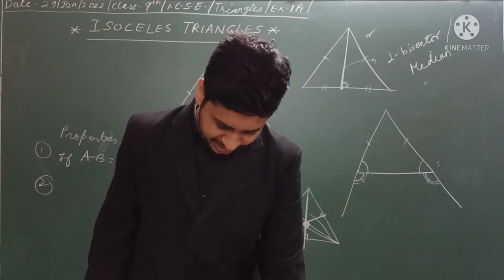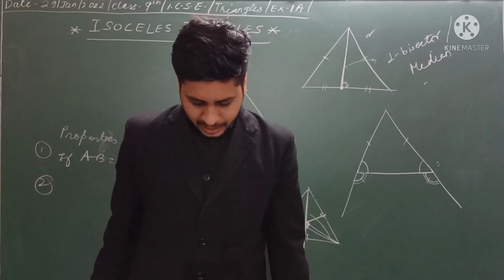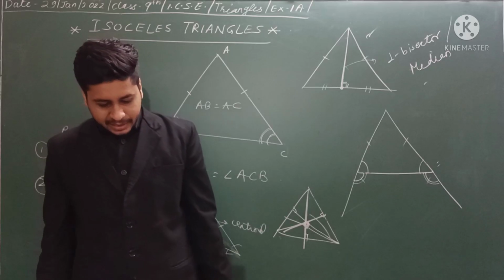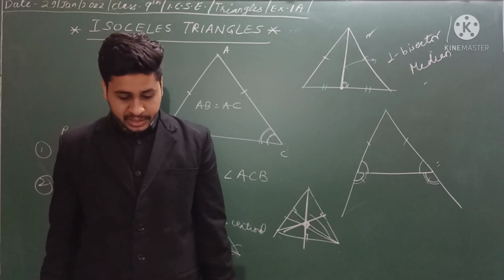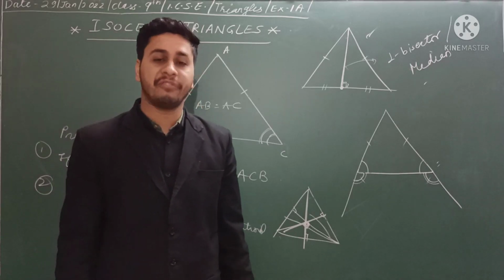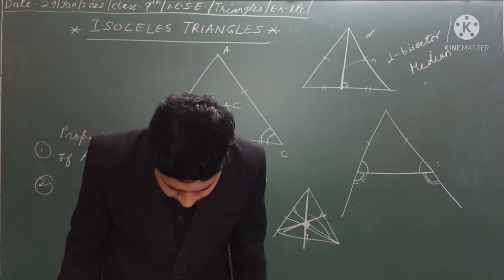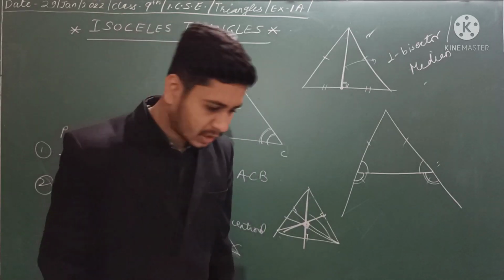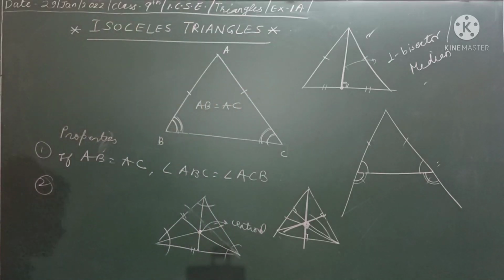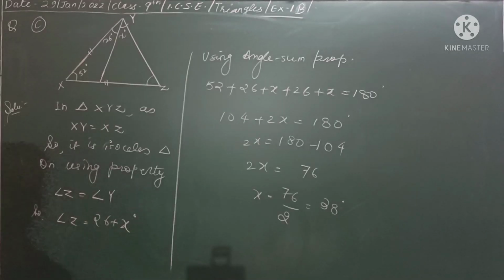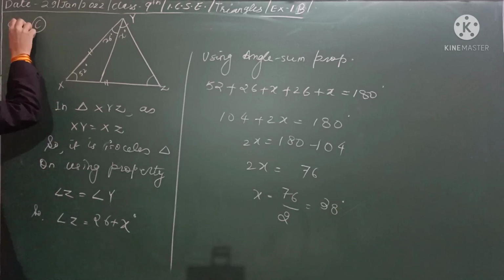Now let us come to the exercise. In the starting, you will see that there are questions related to finding the value of x. So let's do some questions. Let's do this 1C.